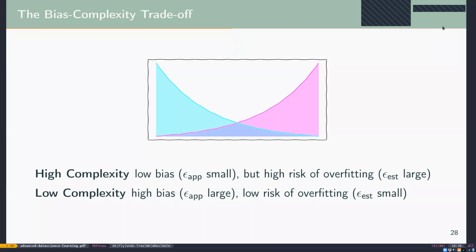So I would have a small error here, but I'll have a very high risk of overfitting, right? Now, if I go the other way around, so I pick a very small class, I pick only lines to classify, then I'll have a very large error here, potentially, but I'll have a low risk of overfitting. And these two things we often play around with, right?